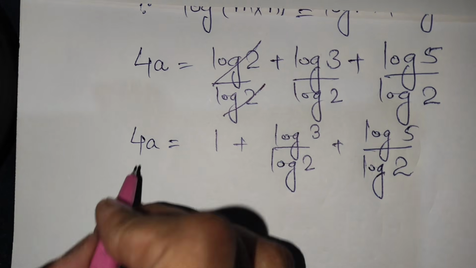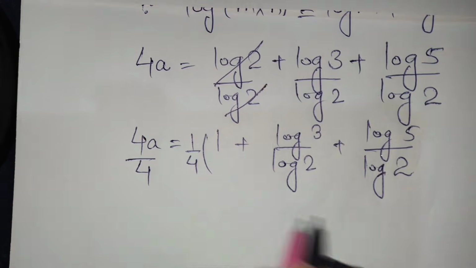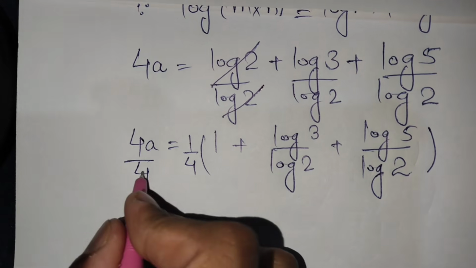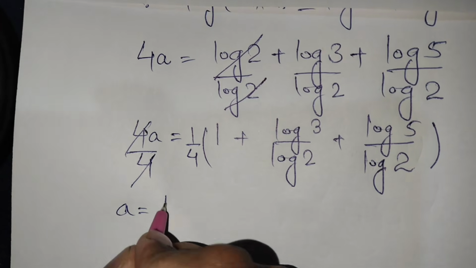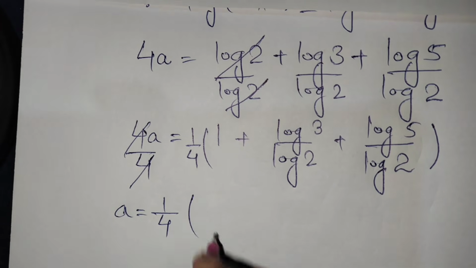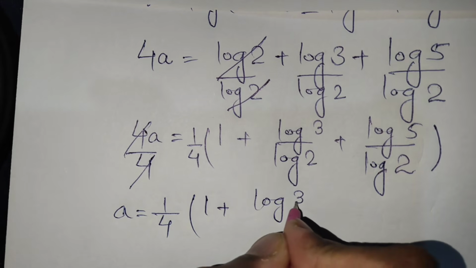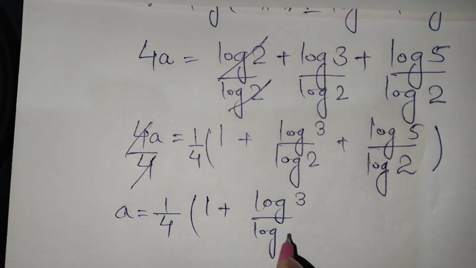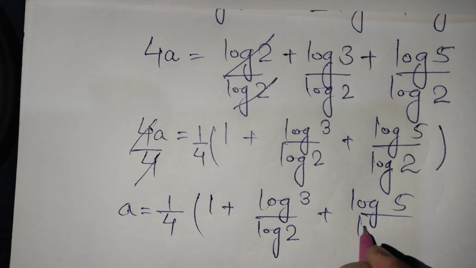Divide this 4 on both sides of the equation. 4 cancels with 4. a equals 1 over 4 times 1 plus log of 3 over log of 2 plus log of 5 over log of 2.